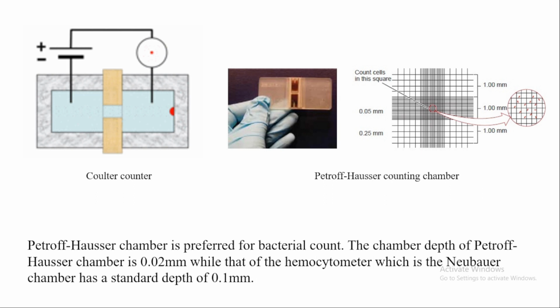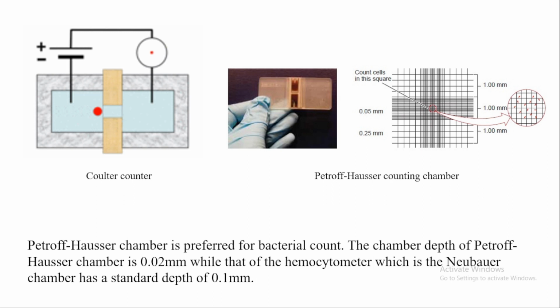So if you see in the first figure, it is a Coulter counter. Whenever a particle passes through this orifice, a signal is generated due to difference in the current fluctuation, and that's how the device captures a cell and recognizes the cell shape, cell size, and number of signals will determine the number of cells.